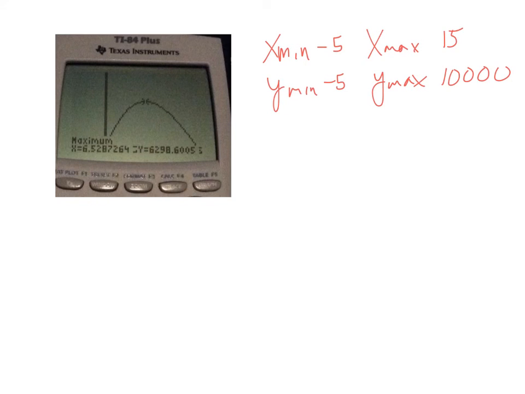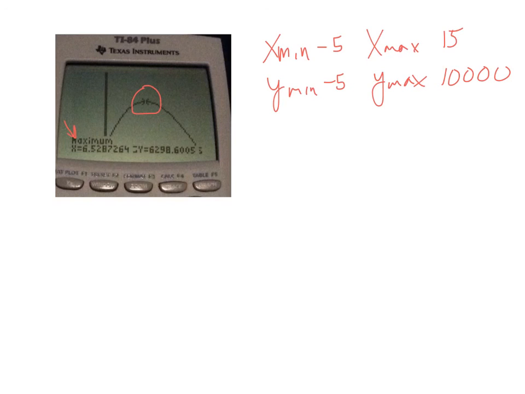And this is the window we get when we set x min equal to -5, x max equal to 15, y min equal to -5, and y max equal to 10,000, so that we can see the top. Now you could have used maybe 6,000 and still would have fit, but I can see this curve pretty clearly here, and I went on and did a calc max. You can see the answers here.